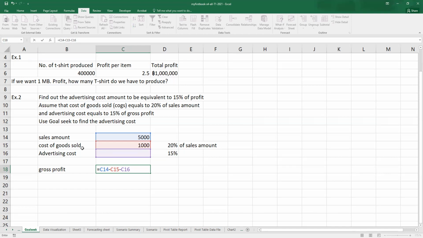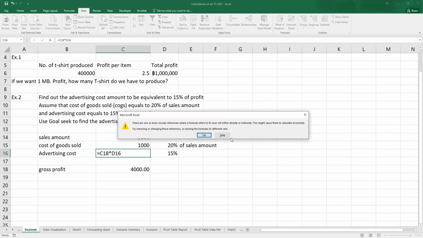When you subtract these three things together, you get the gross profit in here. So the problem is that in here, they say that the advertising cost amount must be equivalent to 15% of the gross profit. So if you do like this, you just multiply the gross profit by 15%. I will show you what happened.